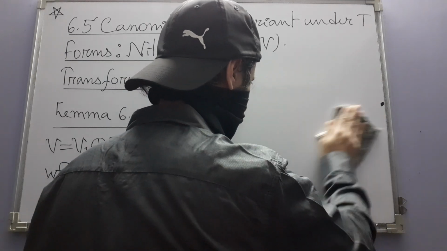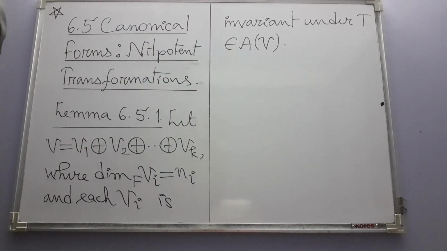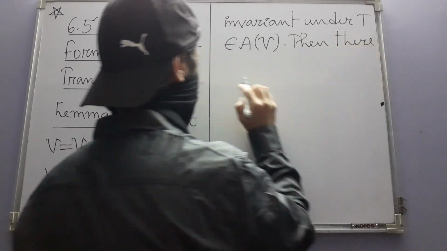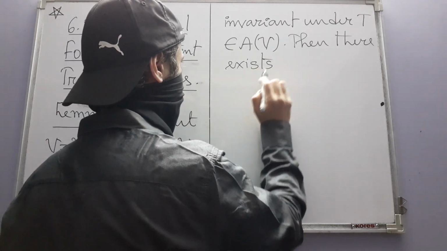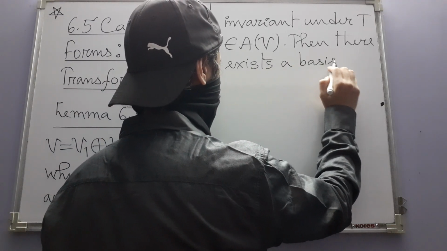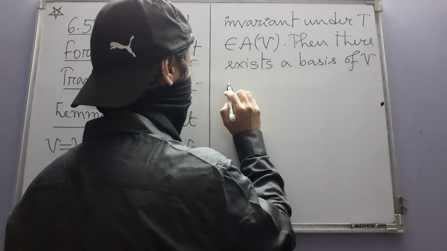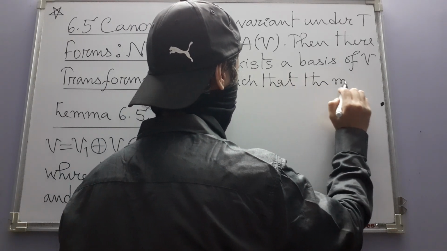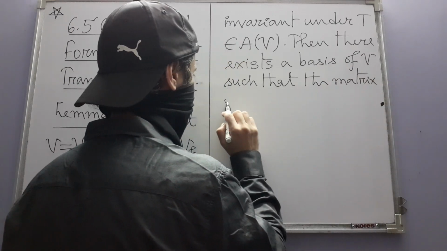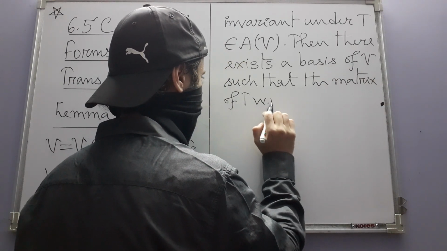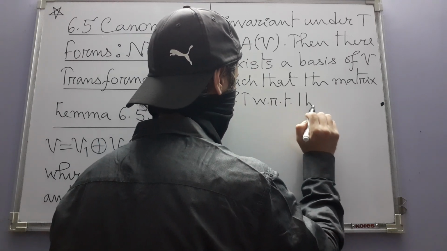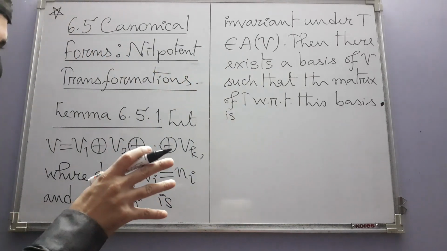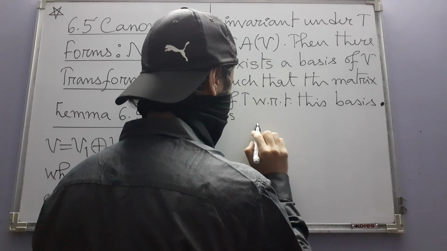Then what happens? Then there exists a basis of V such that the matrix of T with respect to this basis will have a form, and that form looks like this.